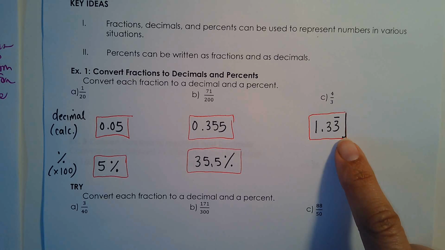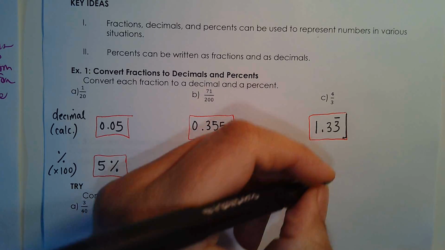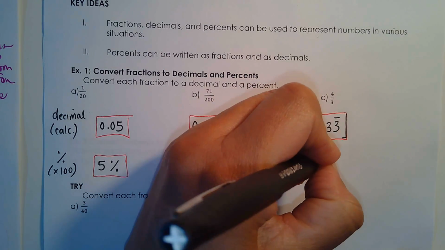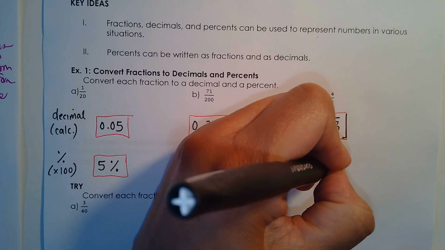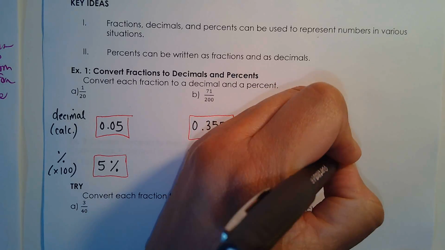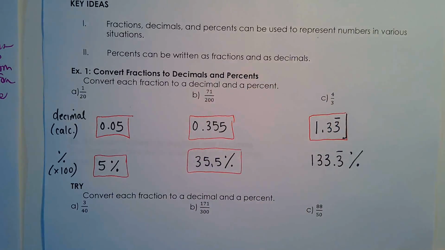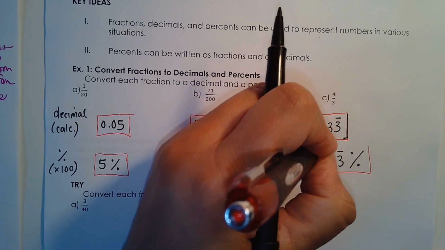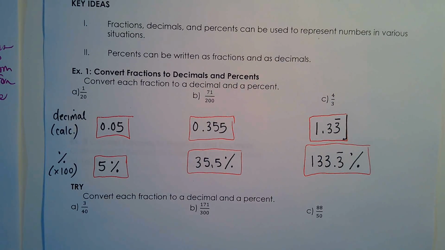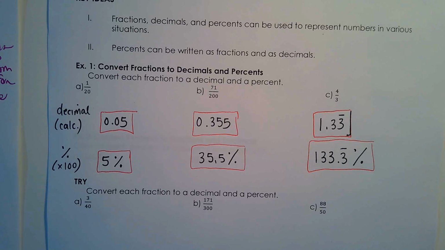So I take my decimal value, multiply it by 100, and I end up with 133.3 repeated percent.